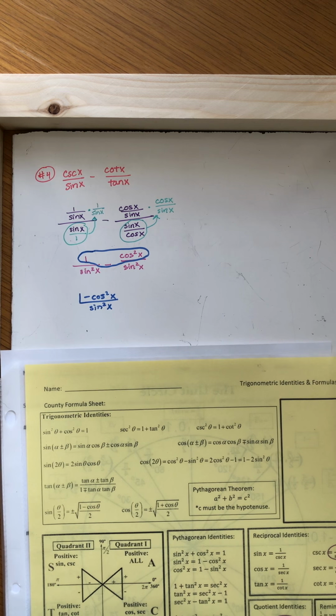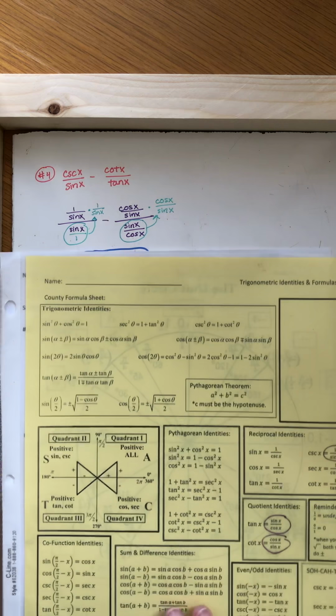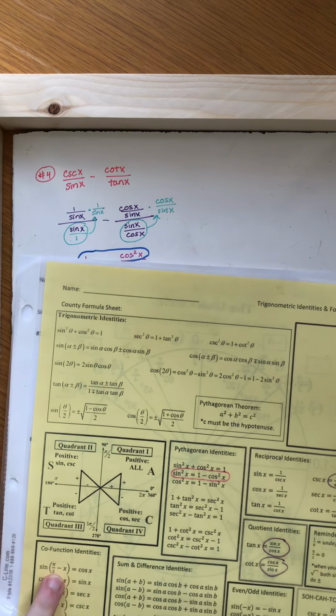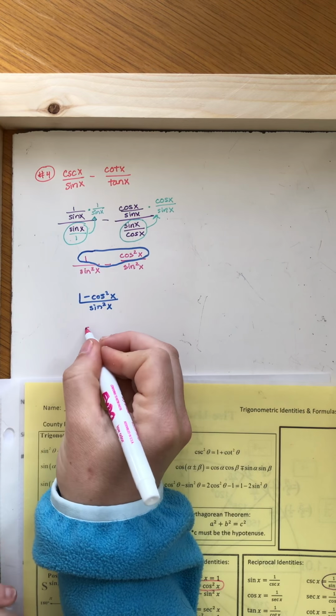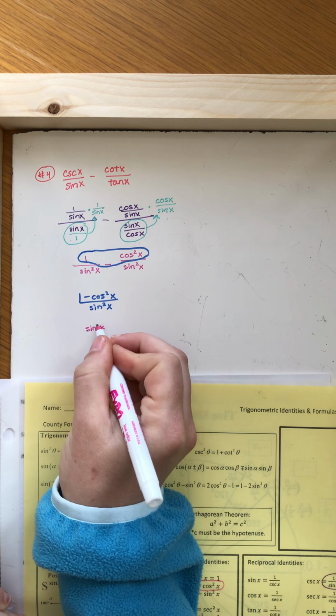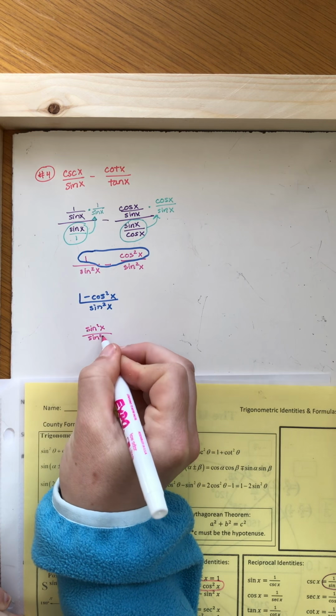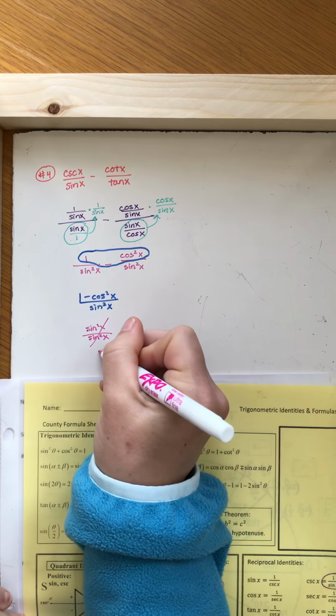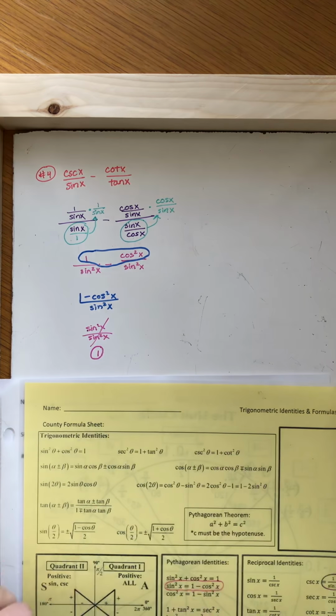Now 1 minus cosine squared x, that's an identity. It equals sine squared x. And sine squared x over sine squared x crosses out to make 1.